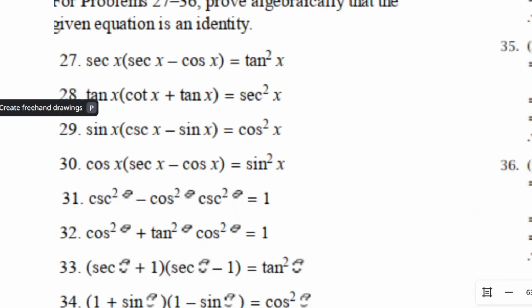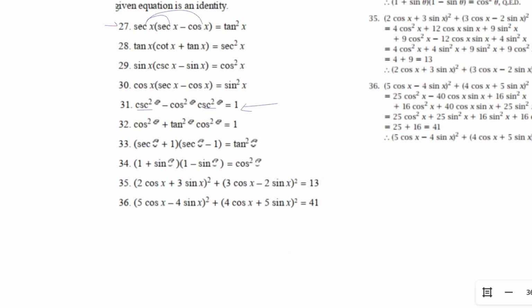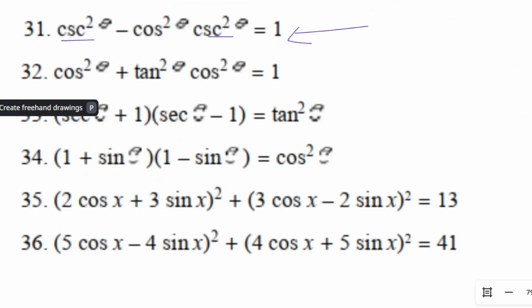So these ones, if they give it to you factored, you're probably going to want to distribute. And the opposite's true also. If you can factor, you probably want to factor. And if it's not factored, you probably want it multiplied.